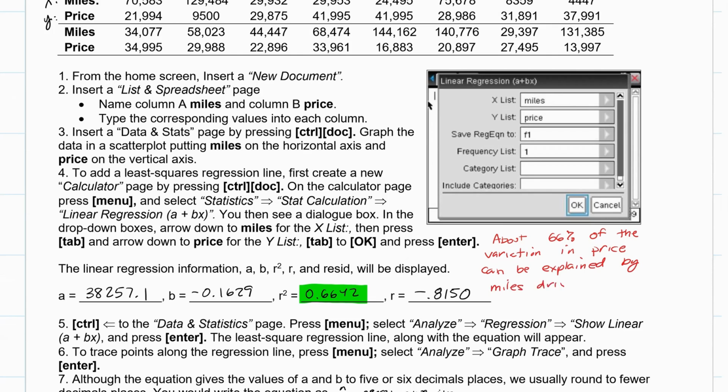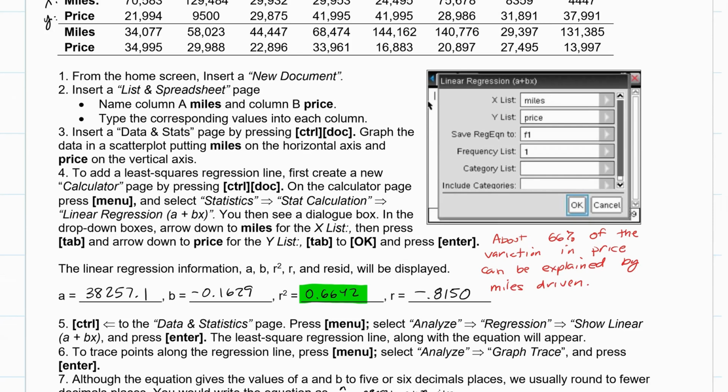Now, note that 66% is not 100% because there are other things that factor into the price of a truck. Sure, miles driven is a big one, but does it have rust or does it not have rust? Is it a particular obnoxious shade of chartreuse? Was it driven by a smoker? Had it been in an accident?